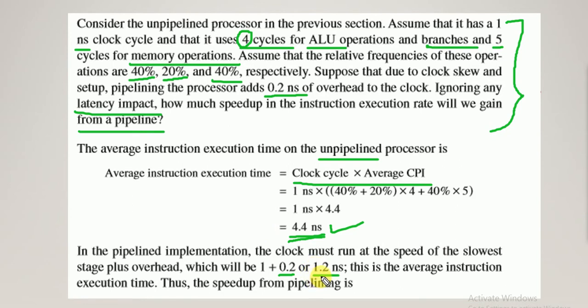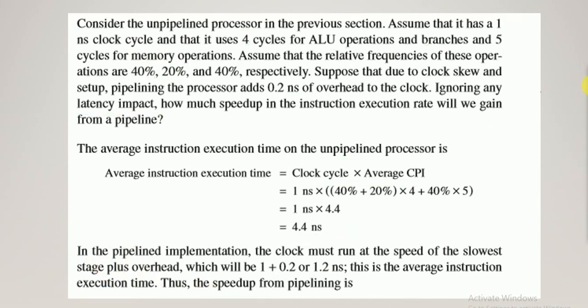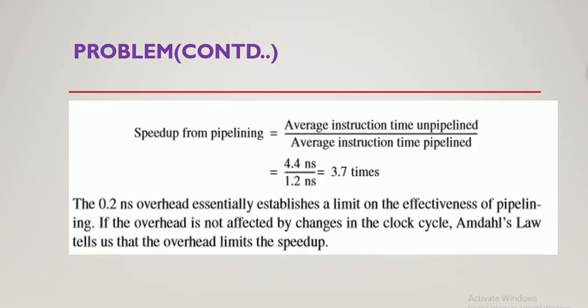So 1.2 nanoseconds is the average cycle time that is taken now. Now the speedup can be evaluated using the concept we have already seen. The speedup from pipelining is the average instruction time unpipelined divided by the average instruction time pipelined.